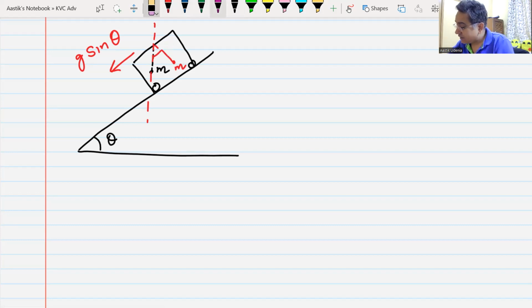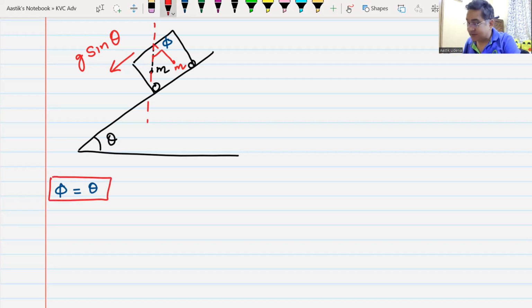If I call this angle phi, remember the angle phi will be the same as angle theta, so it will become perpendicular like this. Do we understand what I'm saying? So this bob, when the thing is going down, will remain perpendicular. So it will remain at an angle with the vertical, which is the same as the angle with the horizontal.